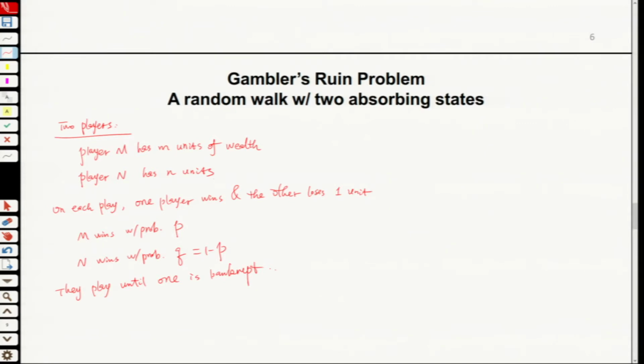If we draw it right here, let's draw it from player M's perspective. So this is where M starts, with M units of money.